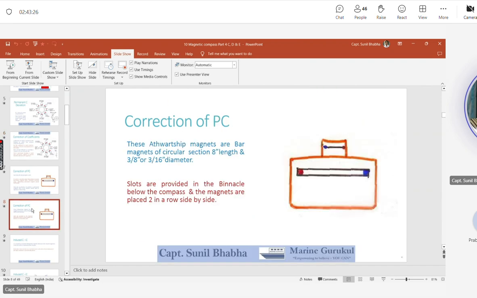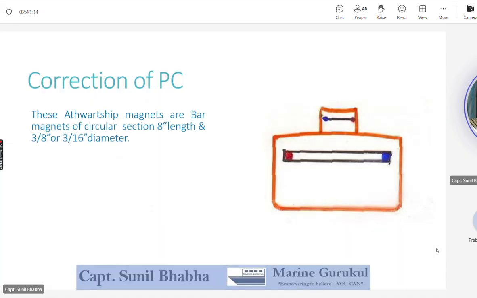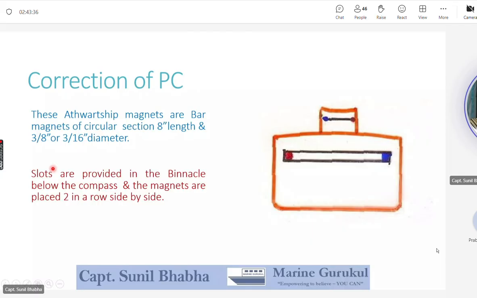Okay, great. So let's see the correction. The magnets which are used for correction are exactly similar to the ones which were used for correcting permanent B. So these athwartship magnets are bar magnets of circular cross-section, which are 8 inches long and having 3 by 8 inch or 3 by 16 inch diameters.